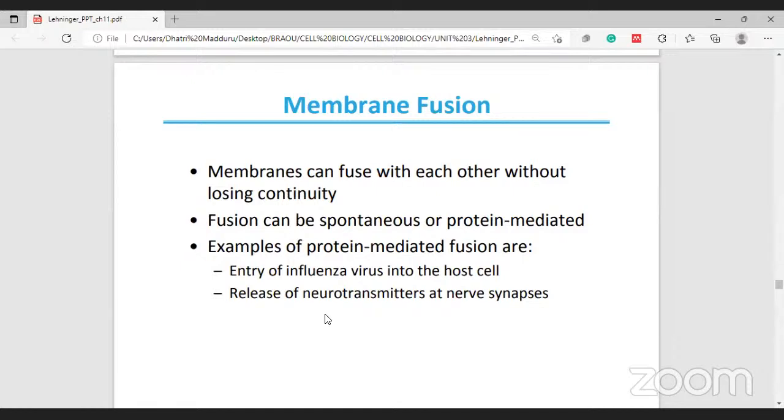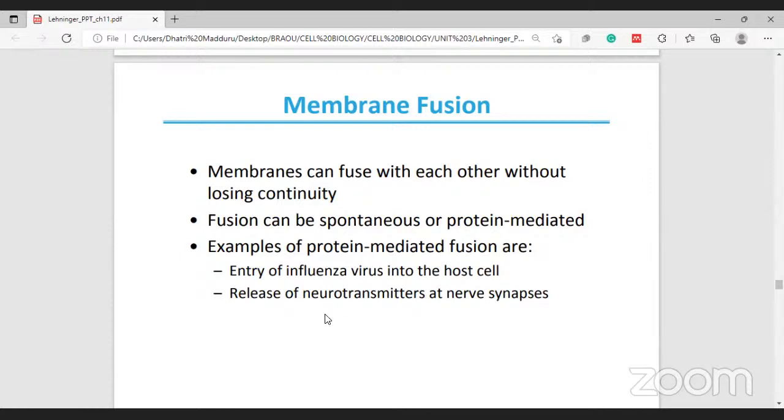Or the release of neurotransmitters at nerve synapses. A synapse is nothing but the junction between two neurons or one neuron and one muscle. Here these neurotransmitters are stored in the form of vesicles. Vesicles again will have a membrane.